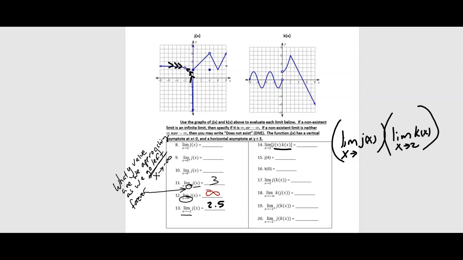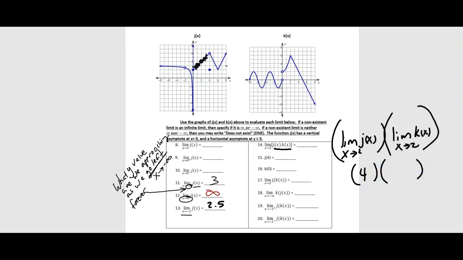The limit of j of x as x approaches 2. All right, so here's where x equals 2. And if I approach that line from the left and from the right, they are meeting up at a common point, which is at a y value of 4. So the limit of j of x as x approaches 2 is 4.